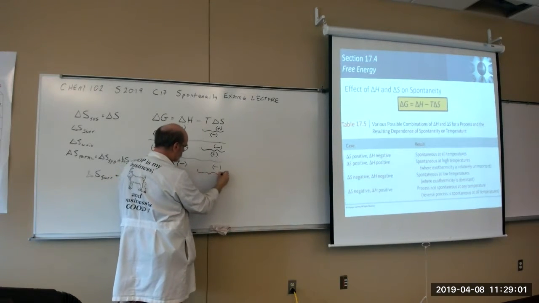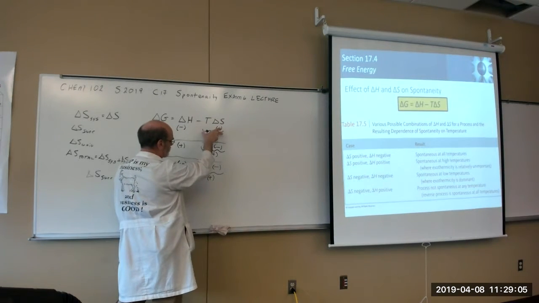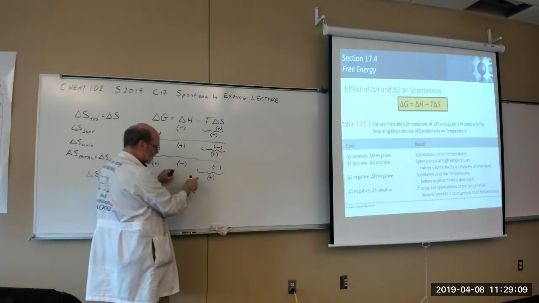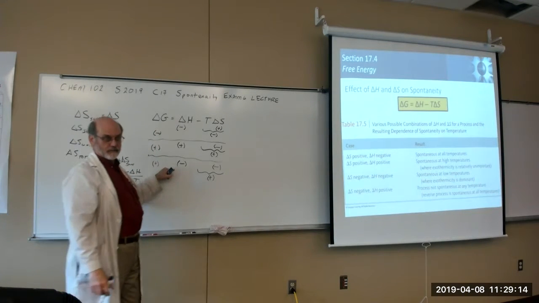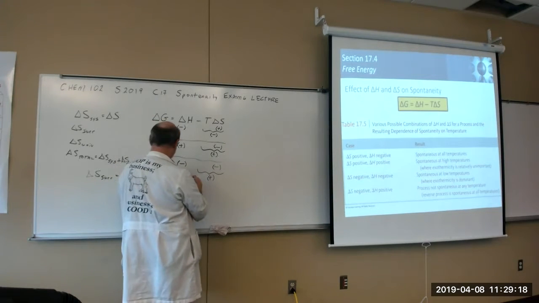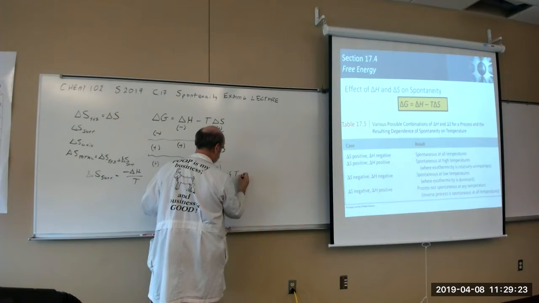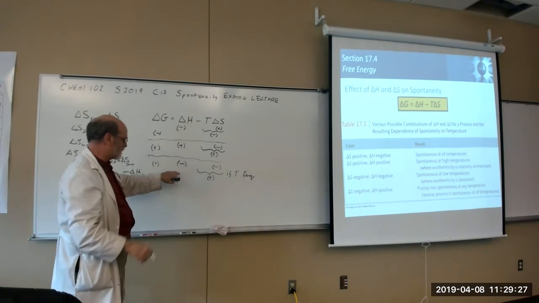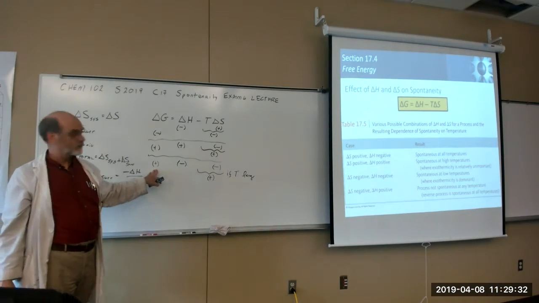So it would make it positive for this term, but it depends on the magnitude. This is only positive if this term is greater than that term. So that means T has to be large. If T is large, so high temperature under these conditions would give you a spontaneous reaction.